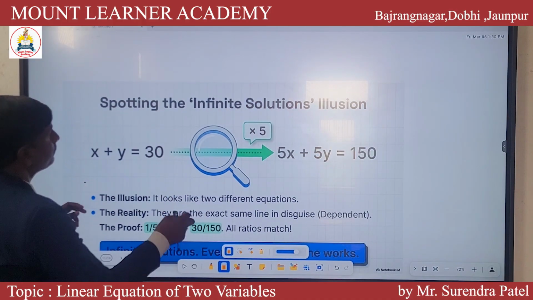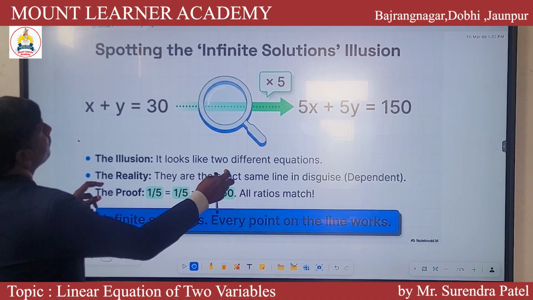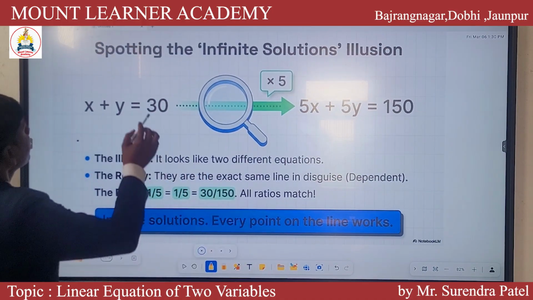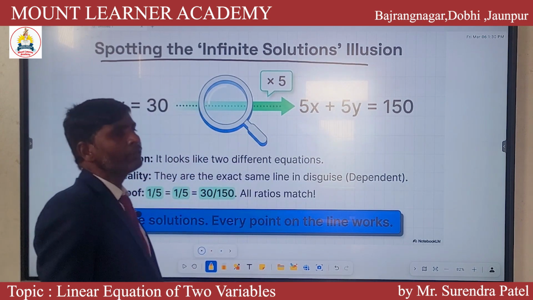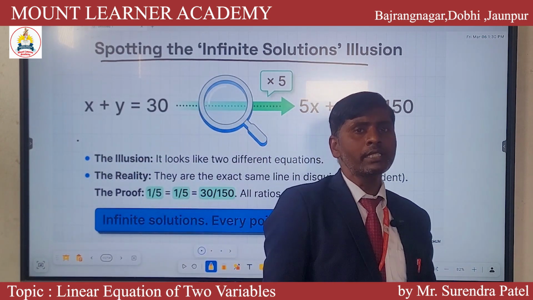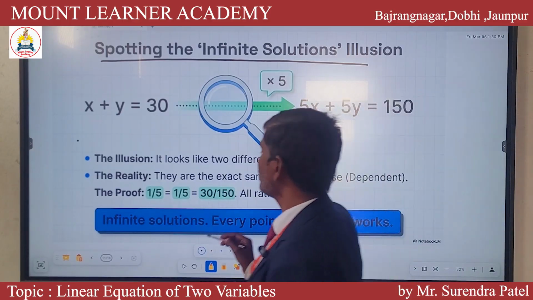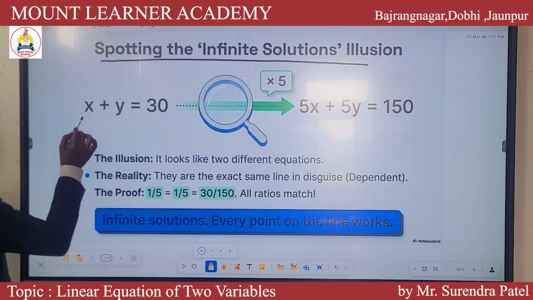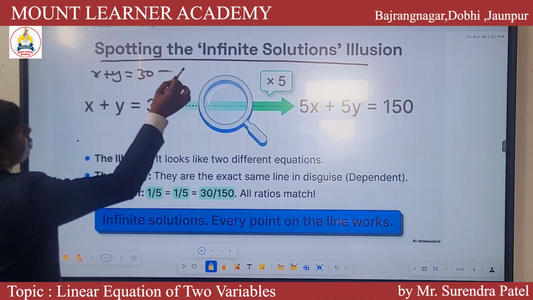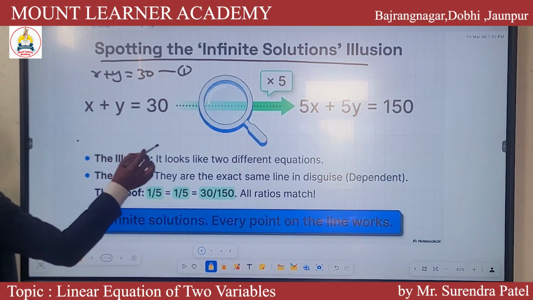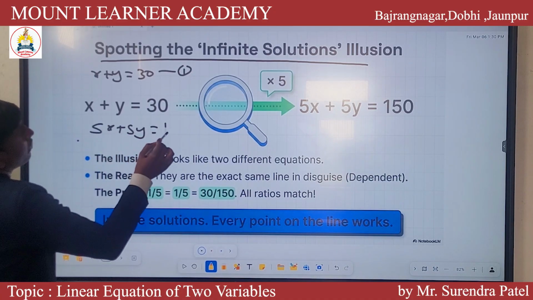Now next, spotting the infinite number of solutions. How can you find whether the given equations give an infinite number of solutions? Again we check here. The first equation is x plus y is equal to 30, equation number 1, and the next equation is 5x plus 5y is equal to 150.